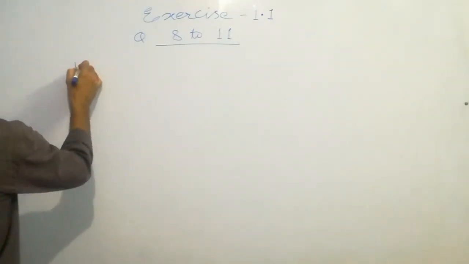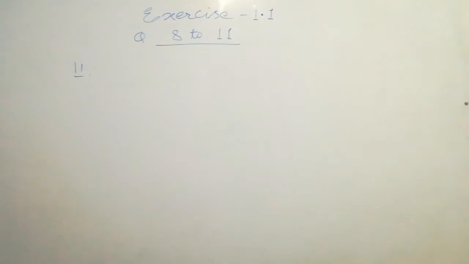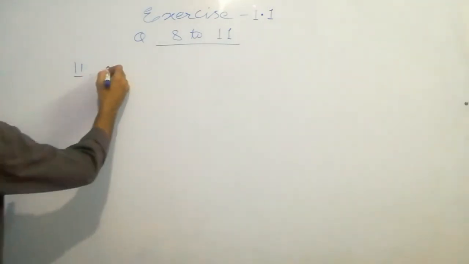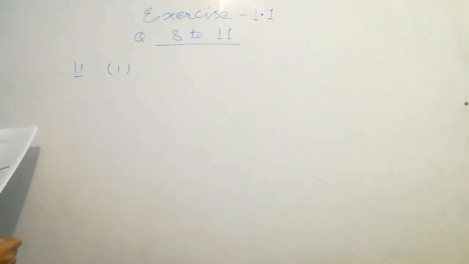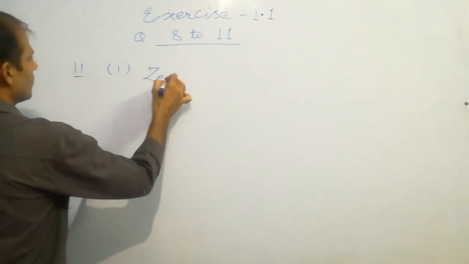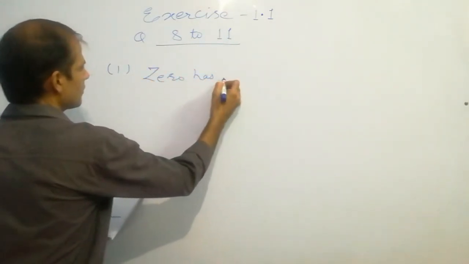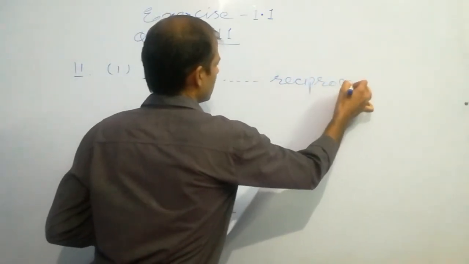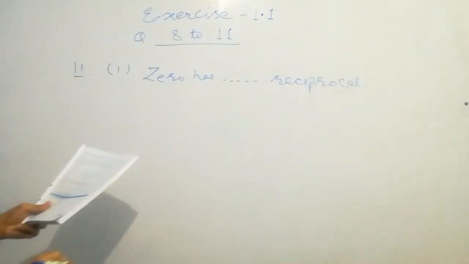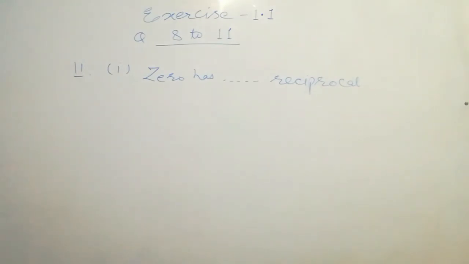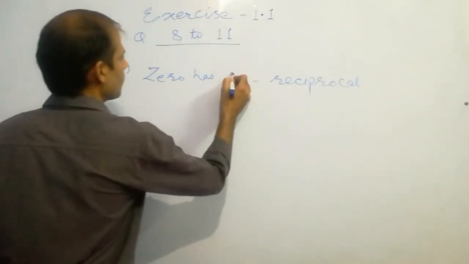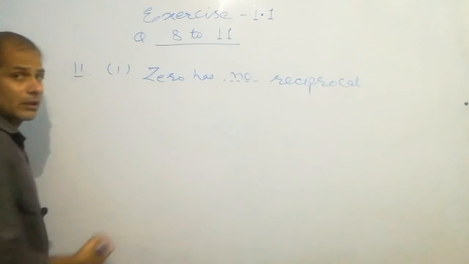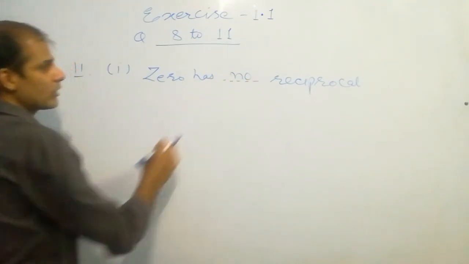Next question is 11. There are 6 parts. First part is: 0 has blank reciprocal. So the answer will be no reciprocal. It is not a number, okay? 0 has no reciprocal.